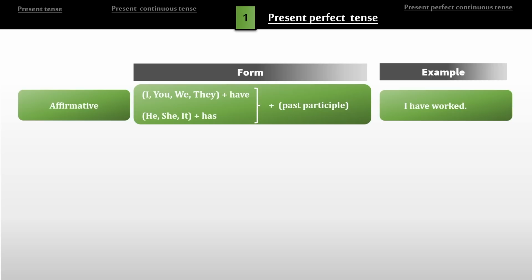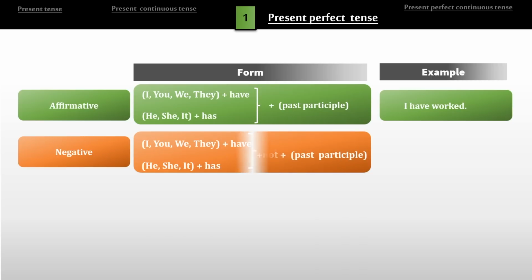Example: I have worked. Negative sentence. I, you, we, or they plus have plus not plus past participle, and he, she, or it plus has plus not plus past participle. Example: I have not worked.